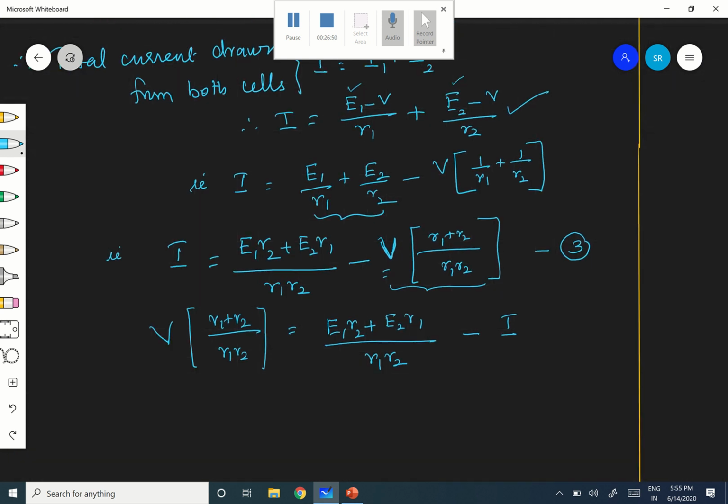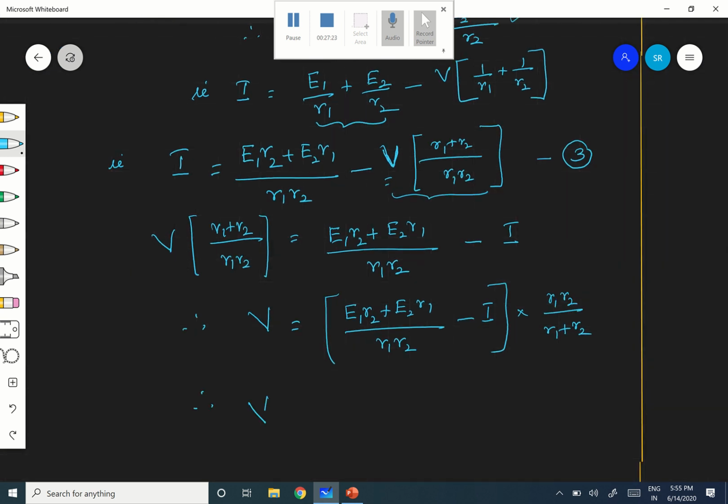But what I want is V only. Therefore V equals, you bring this (R1 + R2) by R1 R2 to the other side. Therefore you will be getting (E1 R2 + E2 R1) divided by R1 R2 minus I. If I bring this, I'll be getting into R1 R2 divided by R1 plus R2. Okay, fine.